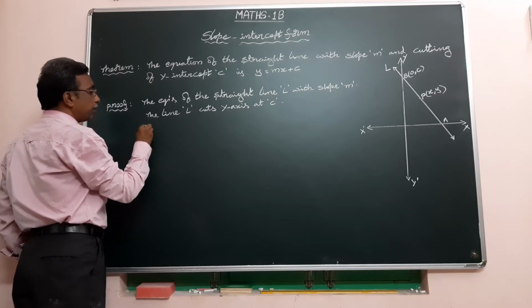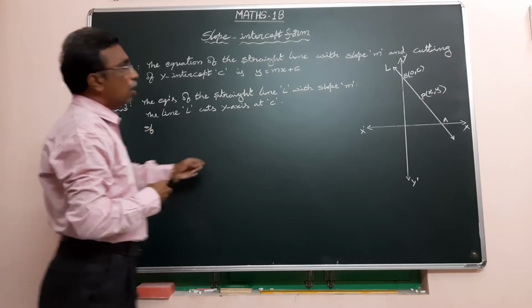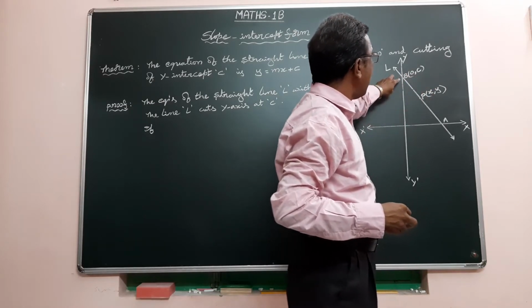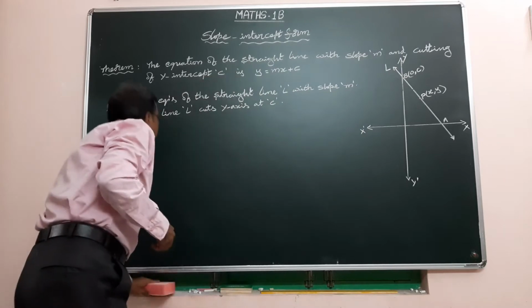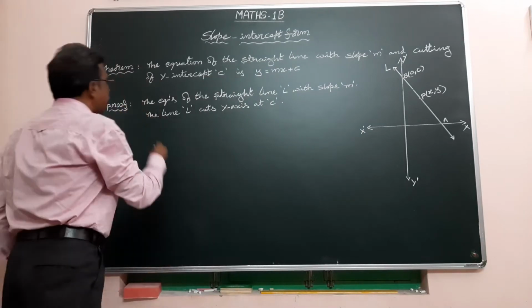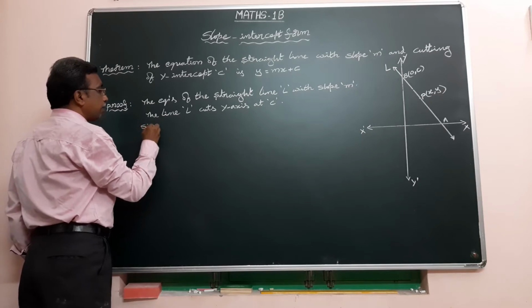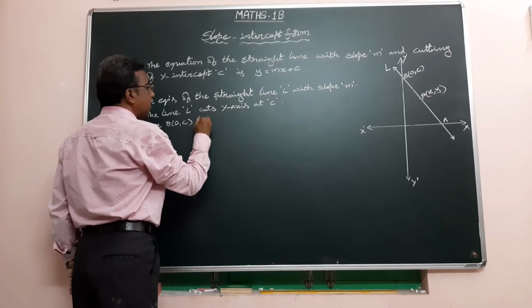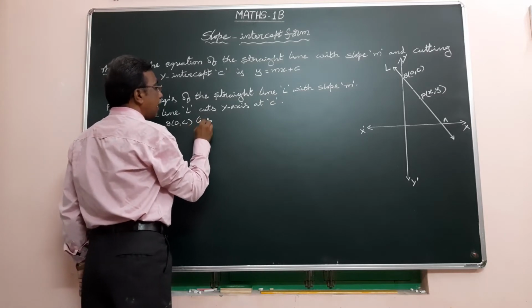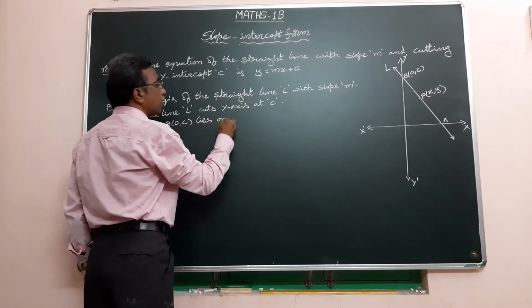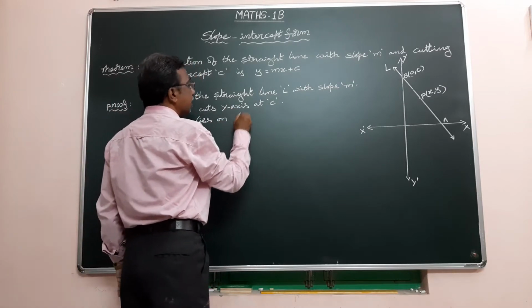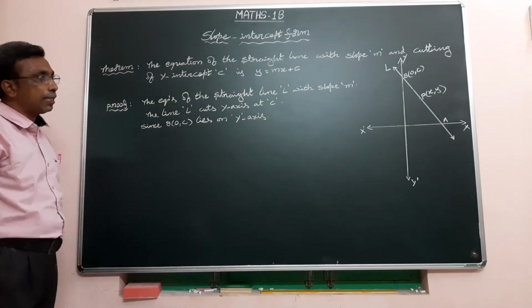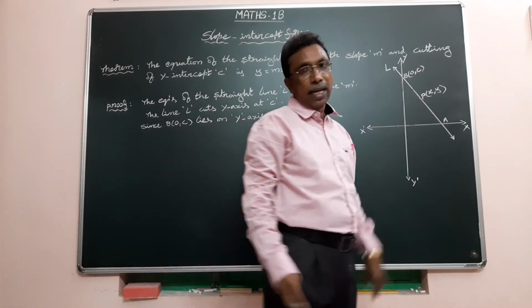Observe this point: B of 0 comma c lies on the y-axis, since B of 0 comma c lies on the y-axis.